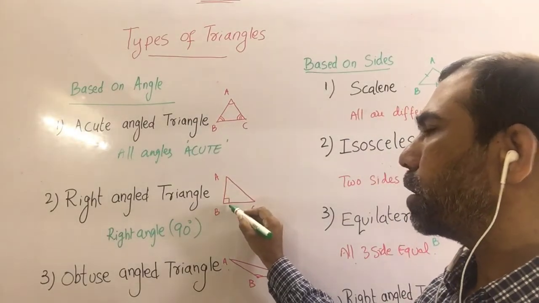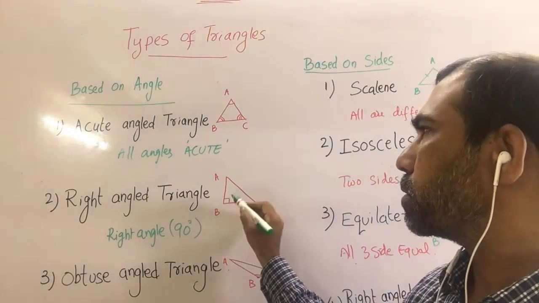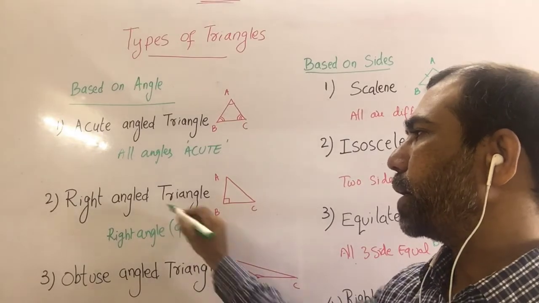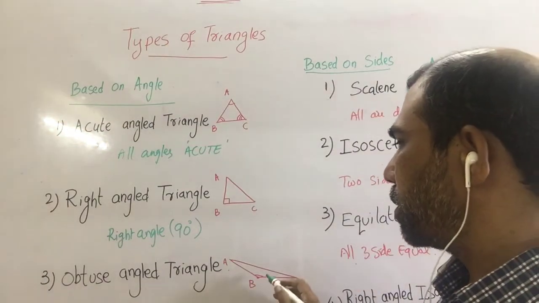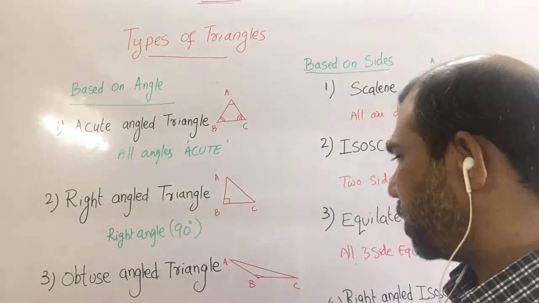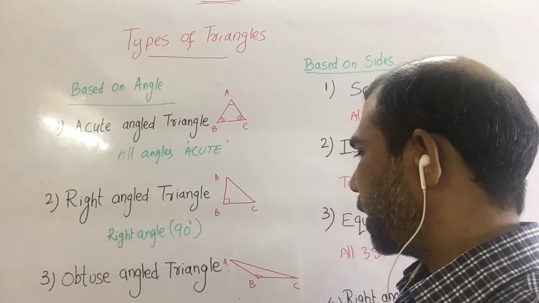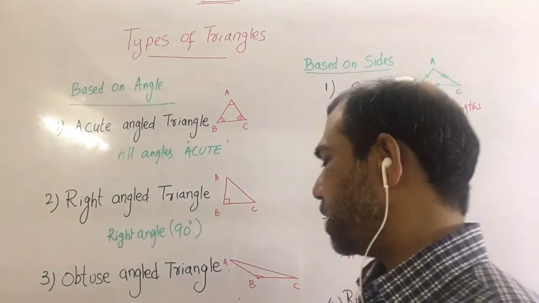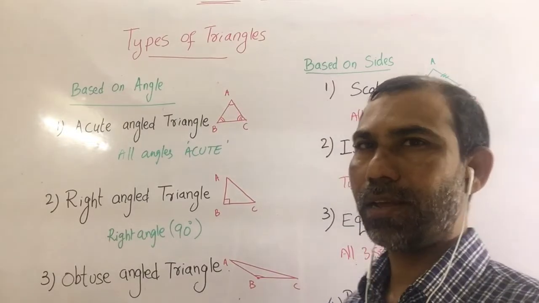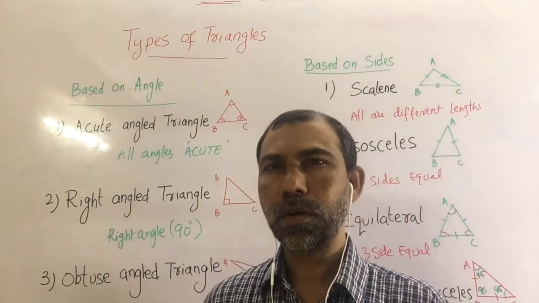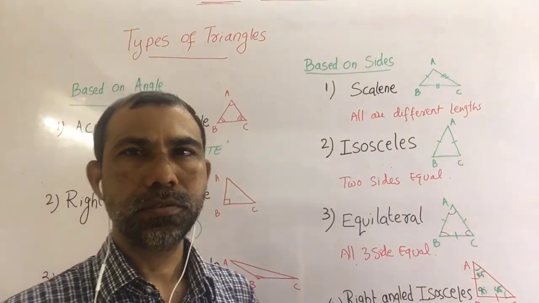Here this is the notation of a right angle, a square. It shows this triangle contains a right angle of 90 degrees, so it is a right angle triangle. And if one angle is more than 90 degrees, it is an obtuse triangle. A triangle cannot have a reflex angle, as the sum of the three angles of a triangle equals 180 degrees.